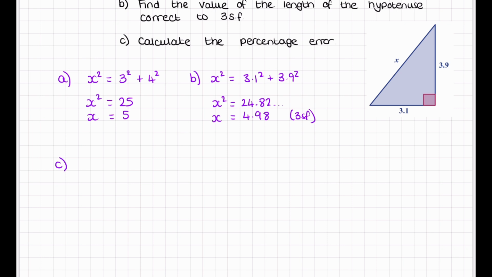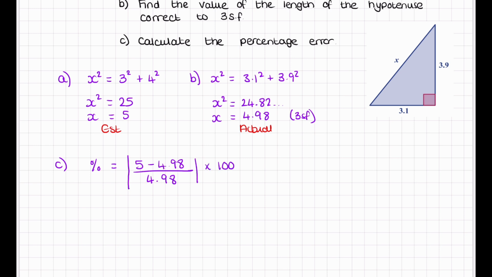So now we have our estimated and our actual, so we can put these into the equation. So our percentage error would equal the absolute value of the estimated minus the actual divided by 4.98 times by 100.